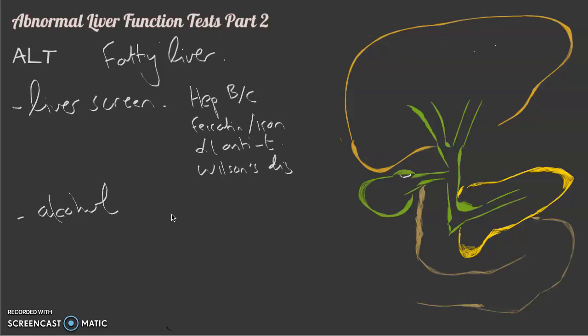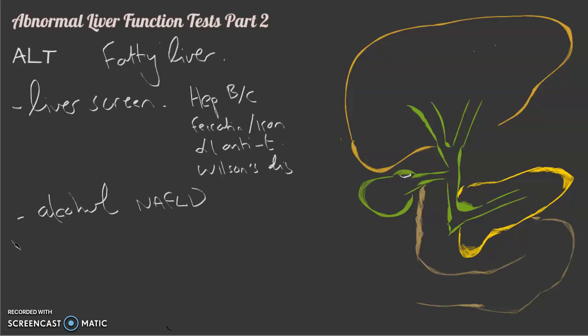If they're drinking above a certain amount, then you can't realistically diagnose what's called non-alcoholic fatty liver disease. You can still have fatty liver with that, but to specifically go for NAFLD, or non-alcoholic fatty liver disease, you have to basically have a range of alcohol that's within the recommended guidelines. So that's something to ask about.